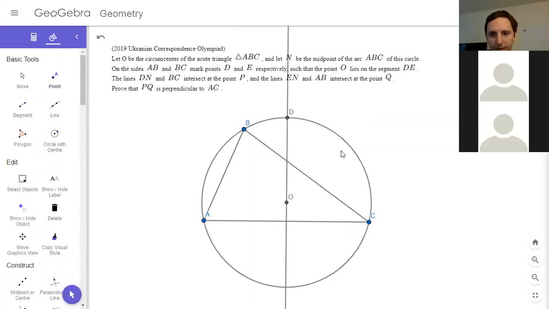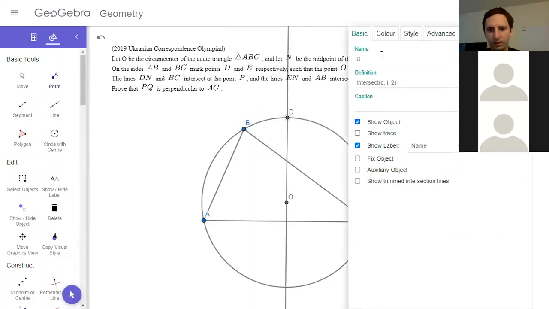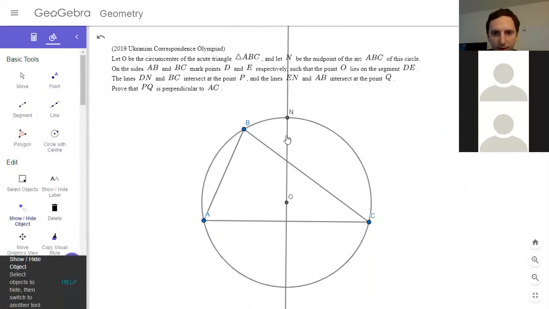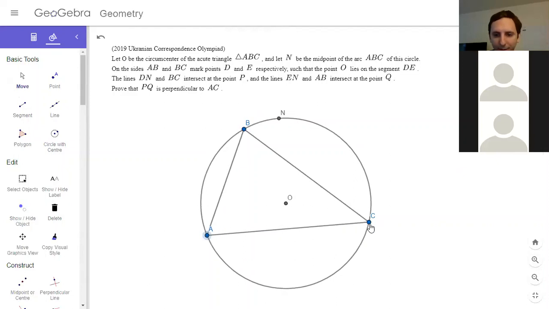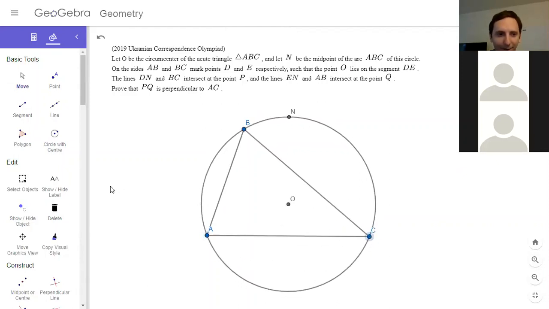So N is this point. All right. On sides AB and BC, mark D and E such that O lies on the segment DE. Whenever I see this, I think Pascal's theorem. So I have a hunch that we might end up using Pascal's, but let's see.